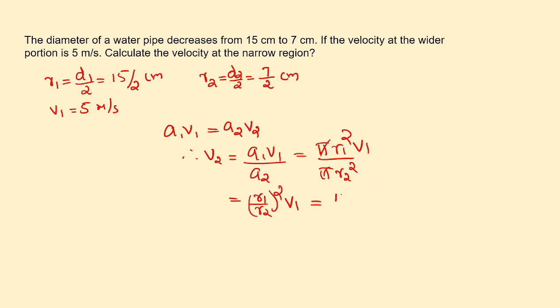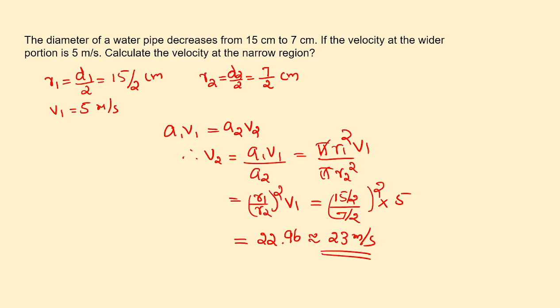That is 15 by 2, R2 is 7 by 2, whole square into V1 is 5 meter per second. So after the calculation, you can see that the velocity at the narrow portion is 22.96. That is supposed to be equal to 23 meter per second.